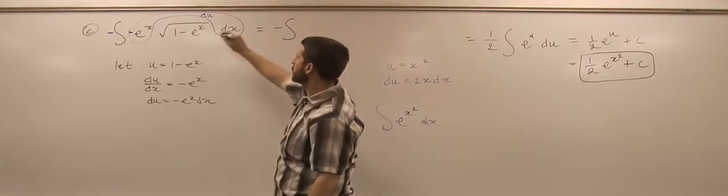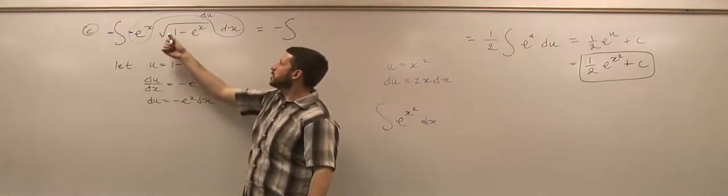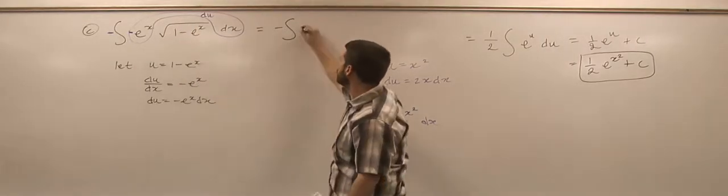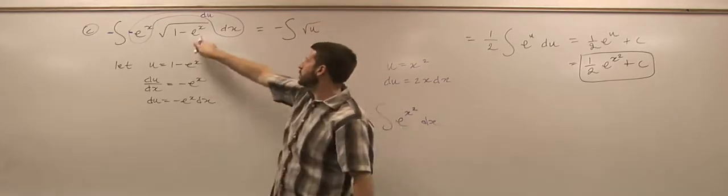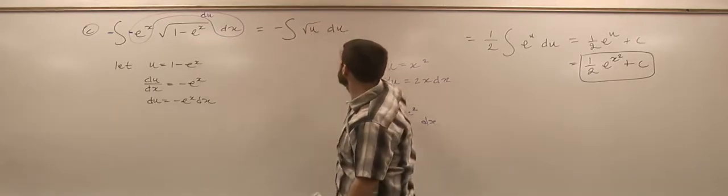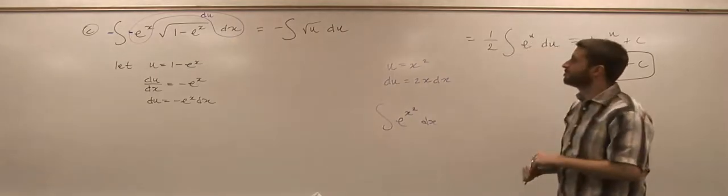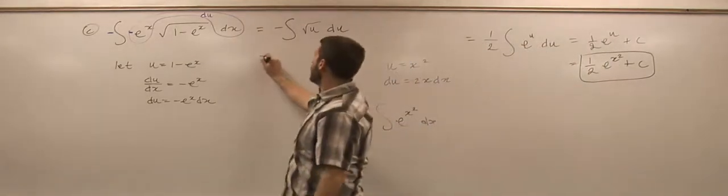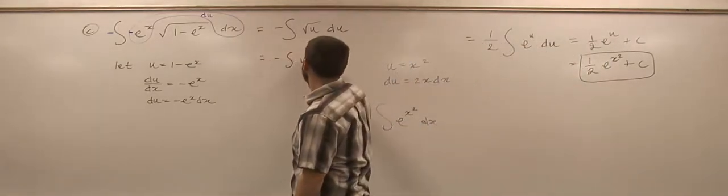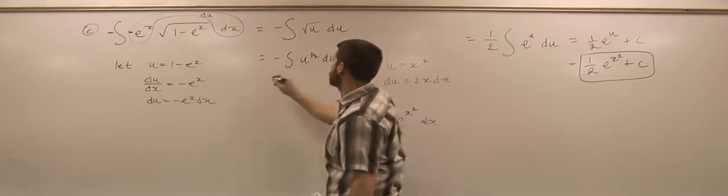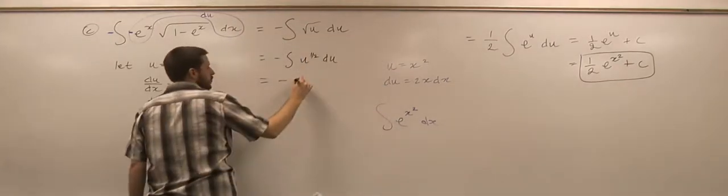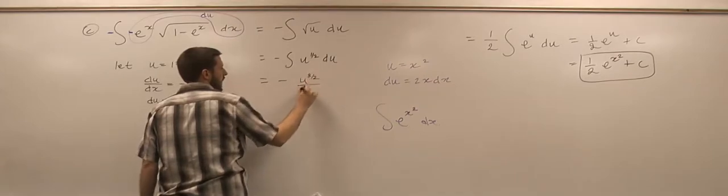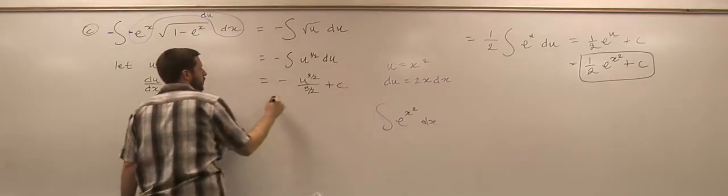So this is negative integral of the purple's du, and then left over is root u, which is u to the 1/2. Which is u to the 3/2 over 3/2 when you apply your power rule.